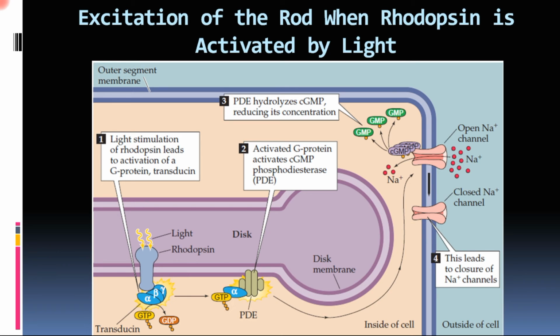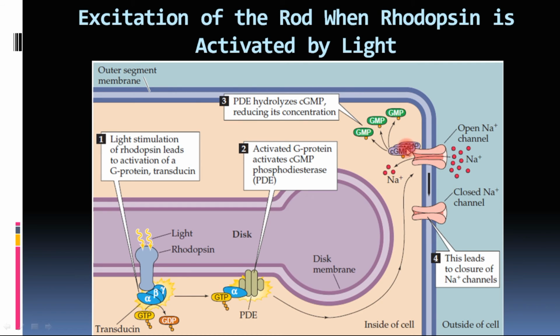What is the function of this cyclic GMP phosphodiesterase? It breaks down the cyclic GMP, because phosphodiesterase hydrolyzes the cyclic GMP. So the cyclic GMP is being broken down by phosphodiesterase, and the concentration of cyclic GMP is reduced.